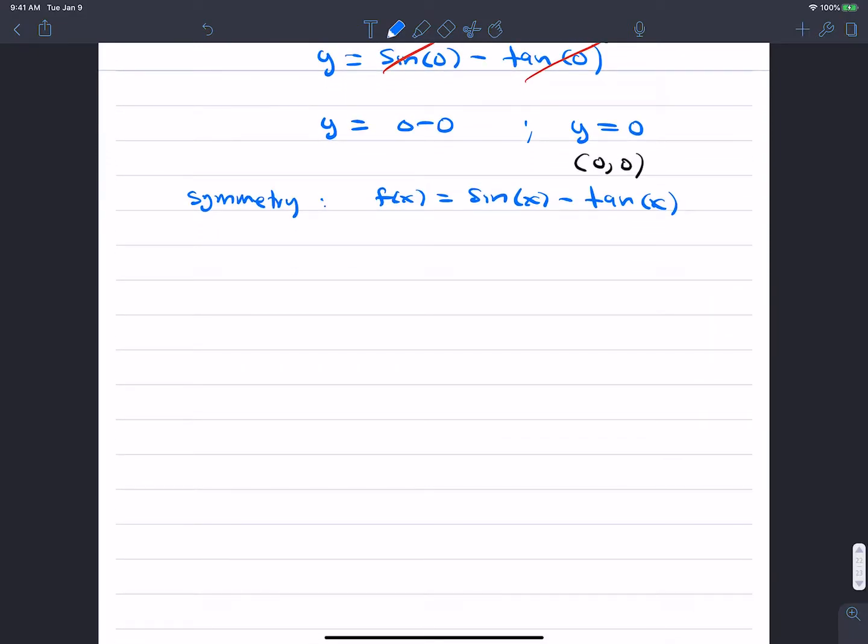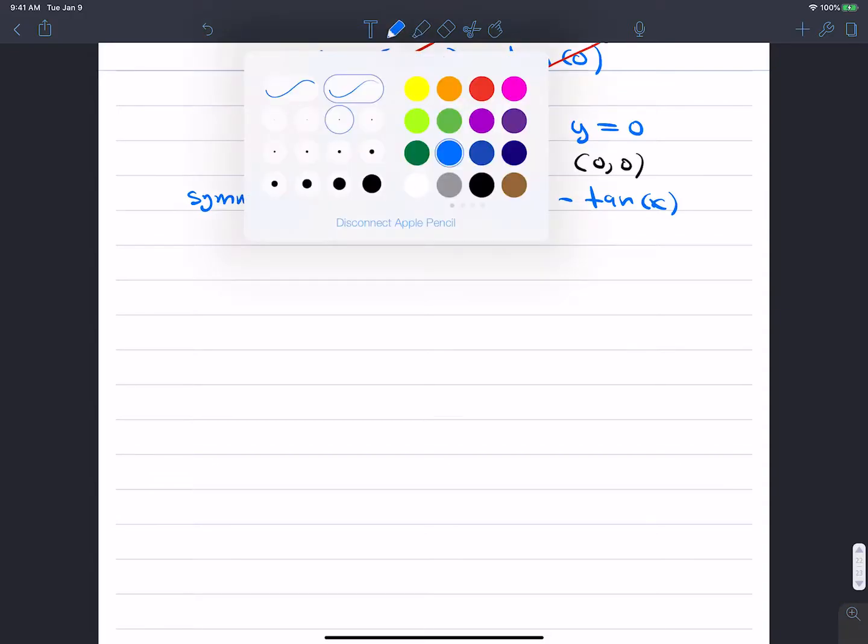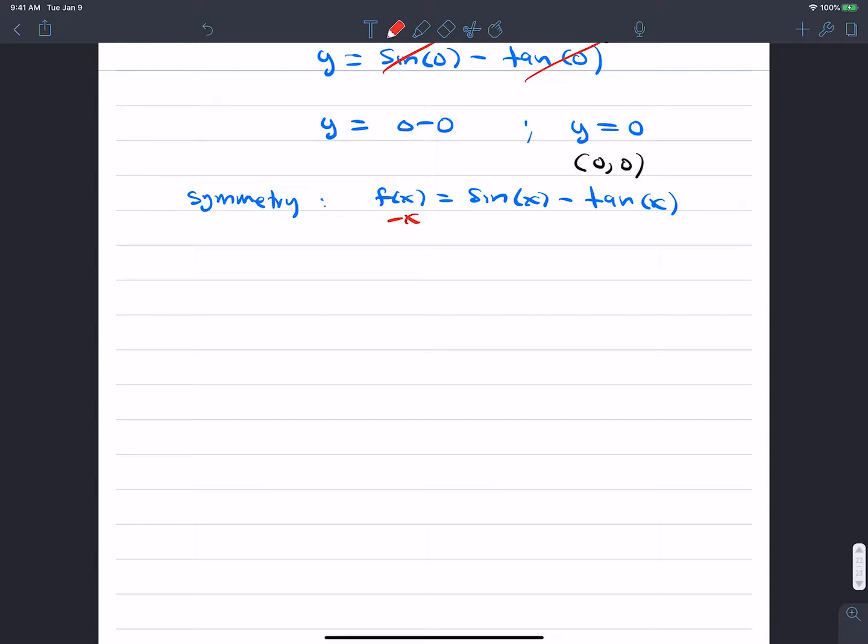It's going to be even, odd, or neither, and we know it's periodic because these are trig functions. So we just have to replace the x with the negative x here. Wherever there's an x, you plug in a negative x.